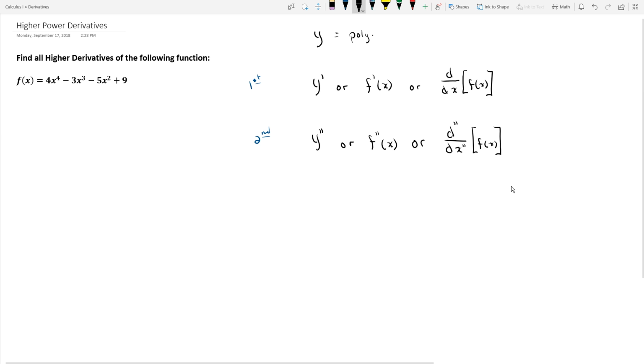And the third is exactly the same, in that we will simply keep adding these little marks. This is the third, or d to the third. And actually, let me rewrite that.